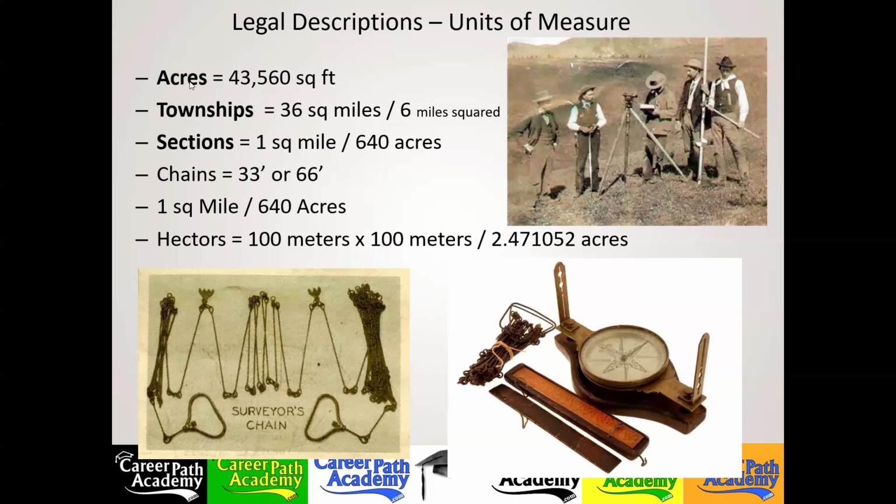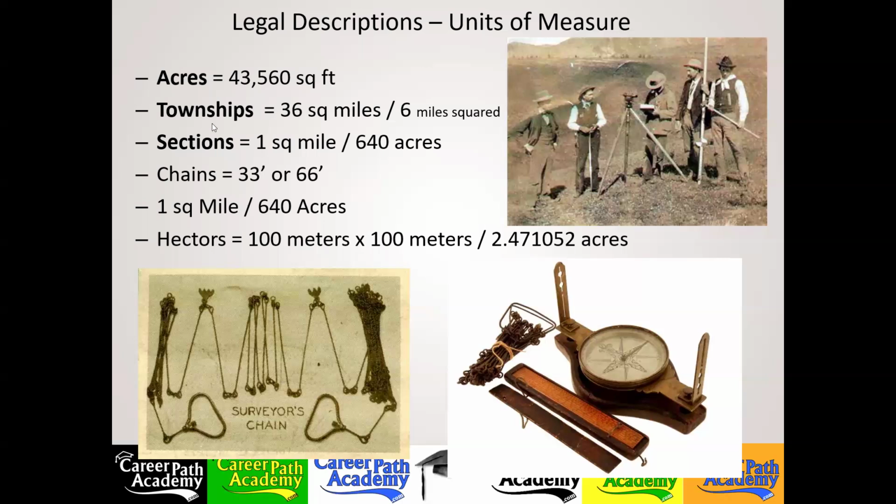And there are 43,560 square feet in an acre, if you remember that from the first day of class. We're also going to learn about a couple new units of measure. A township has nothing to do with Woodbridge Township or Edison Township. When we talk about those forms of township for the names, we're talking about the form of structure chosen to run a government.